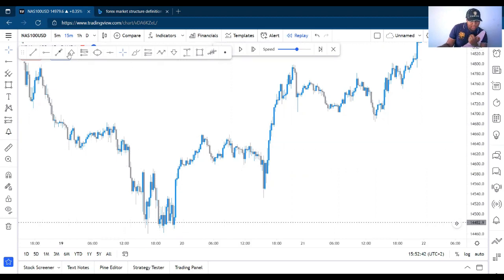So we just want to go on a 15 minutes and get to understand the structure, and we trade according to the structure. We can definitely see that was a support. That is the higher high that the market has created. We get another high. So we want to look for when the market is breaking higher highs. This is the higher high that the market had broken.